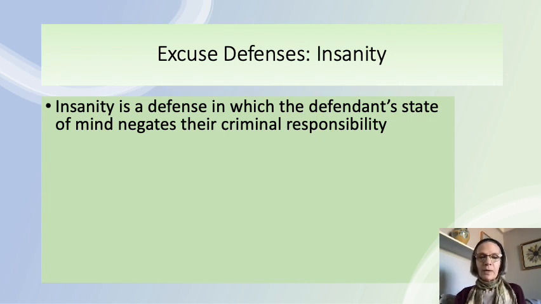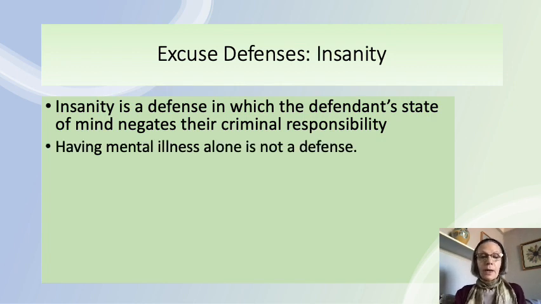And that's why they should be excused from their actions. They should be excused because their mental illness prevented them from possessing mens rea. And keep in mind that having a mental illness in and of itself is not a defense. For one, there are a lot of people in the United States and throughout the world who have mental illness and do not commit criminal offenses.